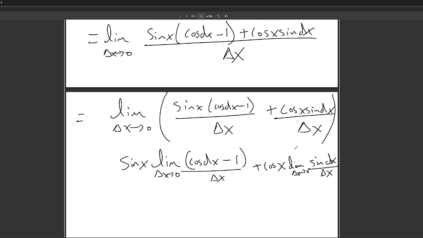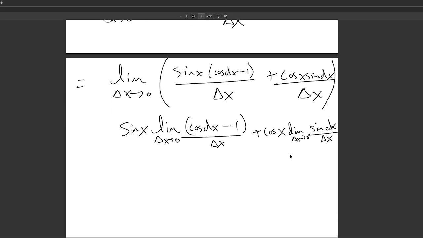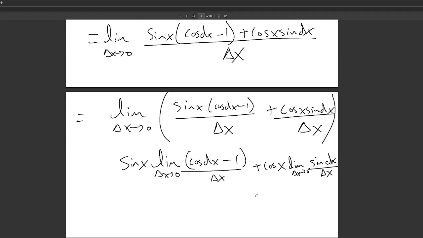Now let's see what happens. I think even their derivation sort of fails at some point, but the idea is this term on top just goes to 0.